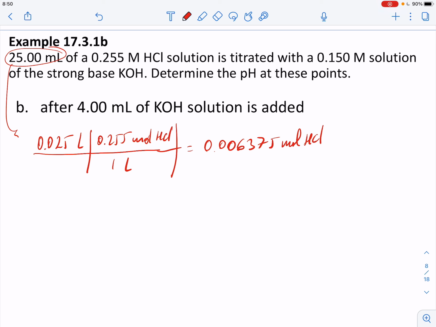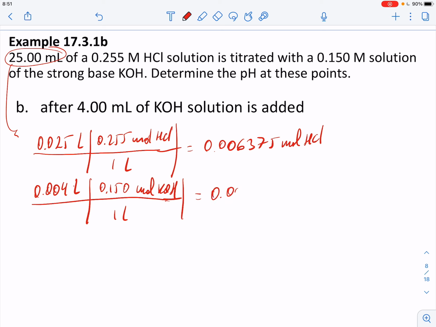And for the base, you have 0.004 liters times 0.150 moles of KOH per liter, and this is equal to 0.0006 moles of KOH.